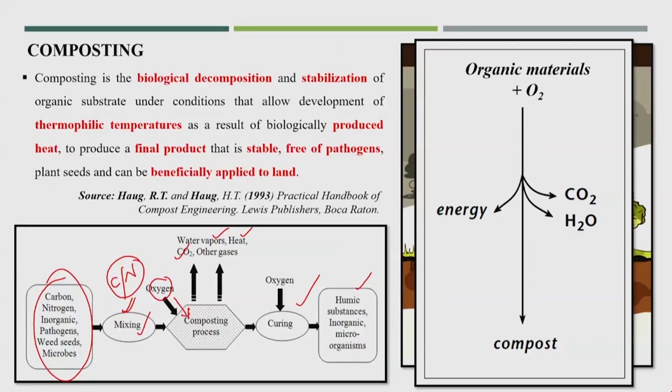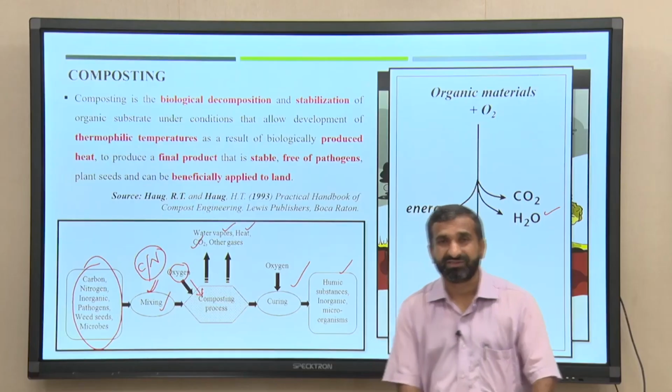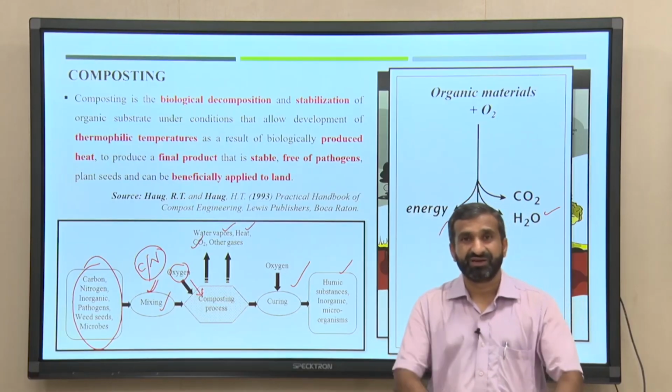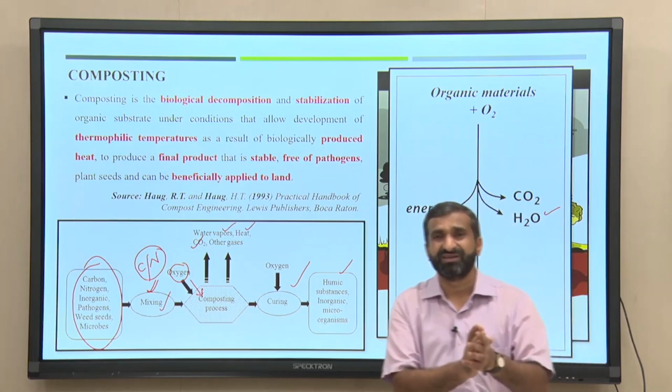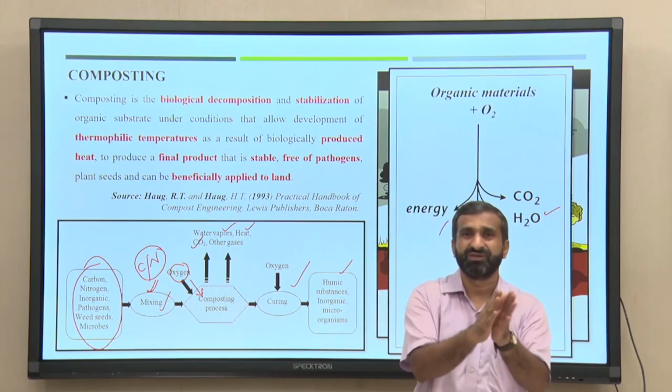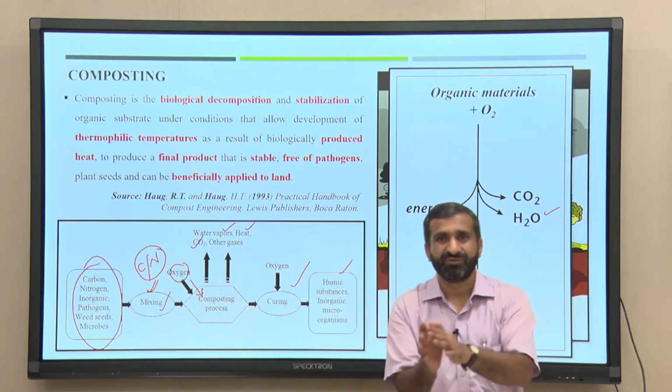This is another flow, you can see: by adding organic material plus oxygen we get a few gases, energy, and finally compost. One more point I want to share: in some textbooks you may find that there are two types of composting process, aerobic composting and anaerobic composting.